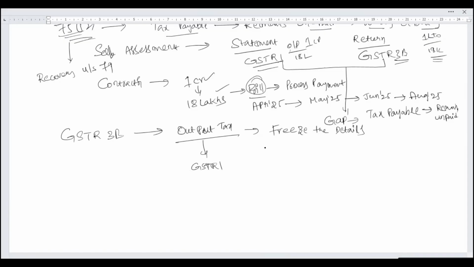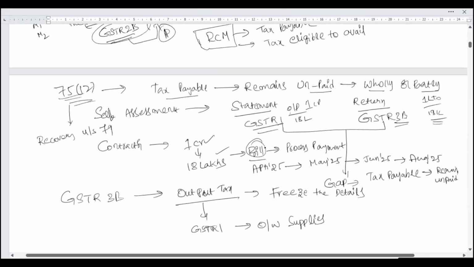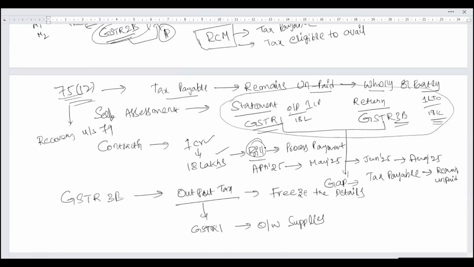GSTR2B is your purchase. GSTR1 is your outward supply. Why? Government said, look, I know you are going to do this kind of hanky-panky. To avoid these kind of hanky-panky things, I wanted to freeze the figures which are going to come from your GSTR1.